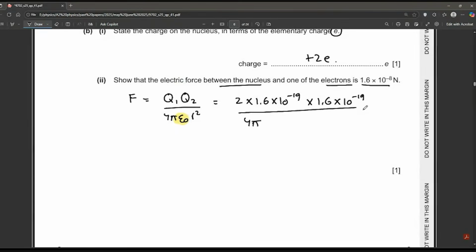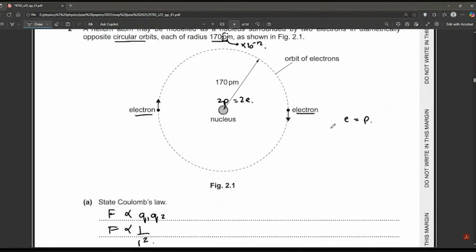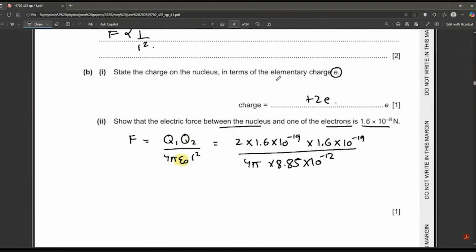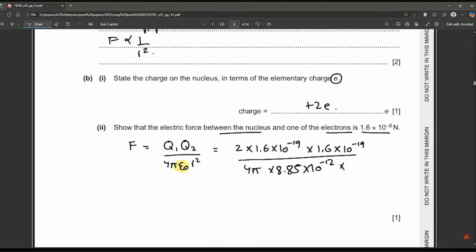Okay. What is the radius between the nucleus and the electron? 170 picometers. Write it here. Multiplied by 170 into 10 raised to the power of minus 12, whole square. Can you calculate the electric force?